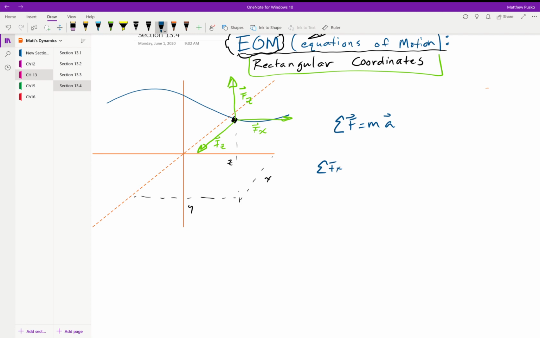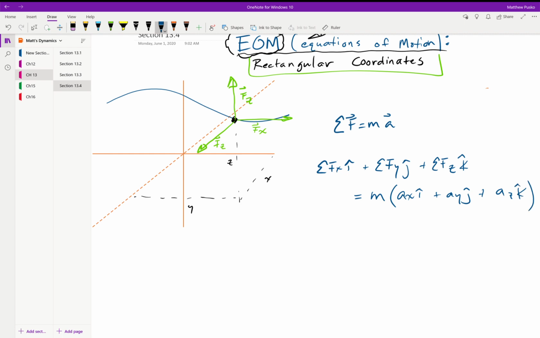We'd say the summation of the forces in the x direction times i plus all the forces in the y direction times the j component plus all the forces in the z direction times the k hat component is all going to be equal to the scalar mass times the acceleration in the x plus the acceleration in the y plus the acceleration in the z direction.